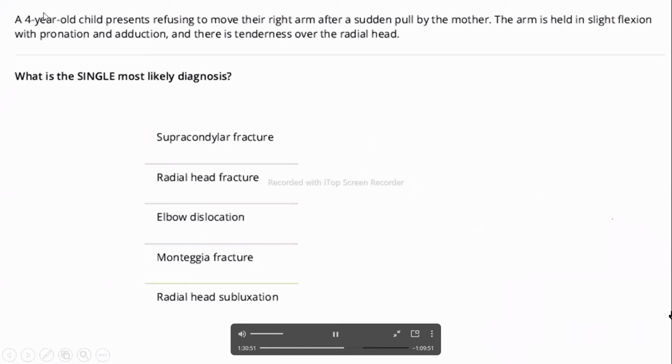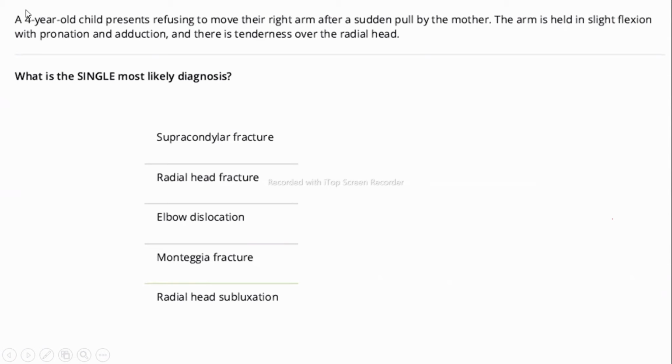4 years. It means it's logical. How do we know it's a fracture or not? Also, they have another name rather than bald elbow. Do you remember? Nursemaid. Yes, nursemaid elbow. So be familiar with different names of a diagnosis.